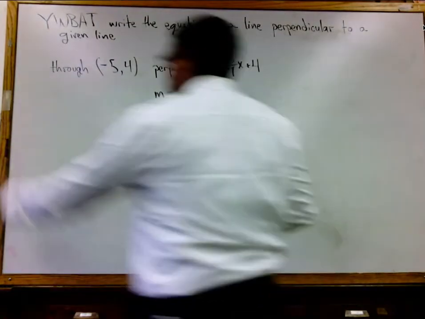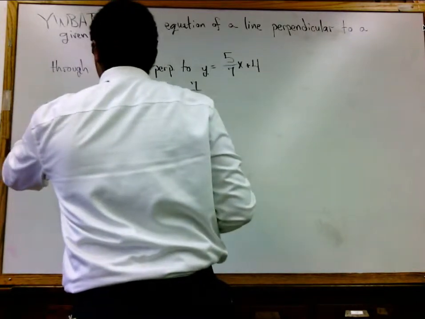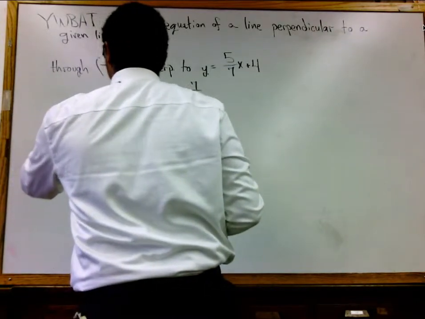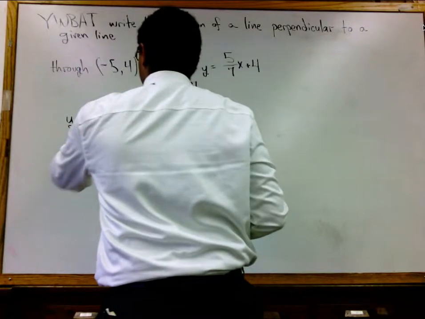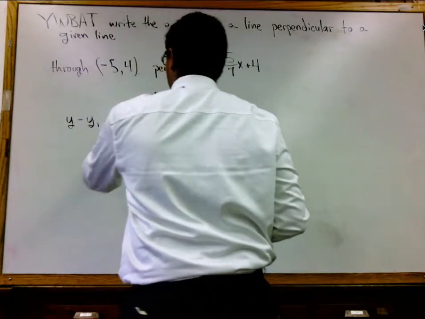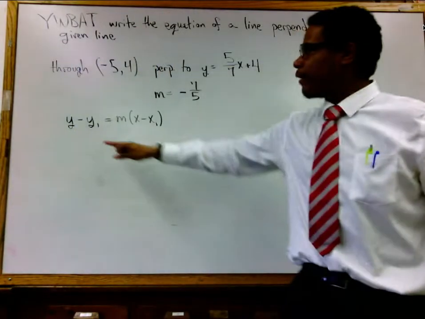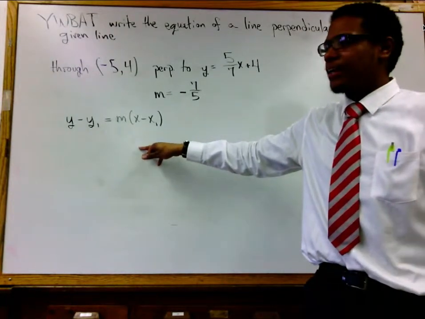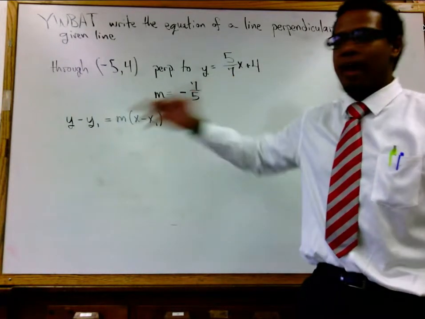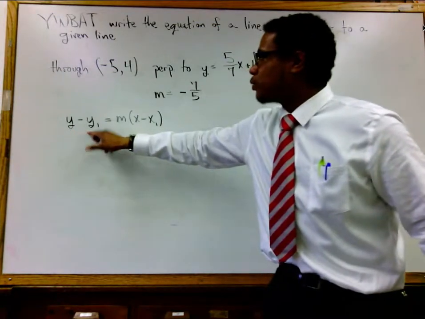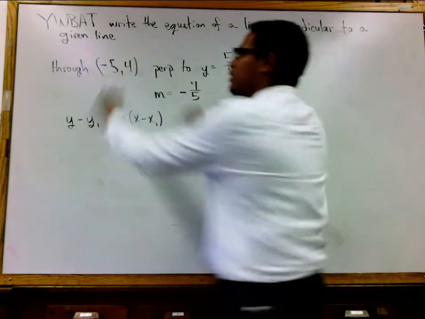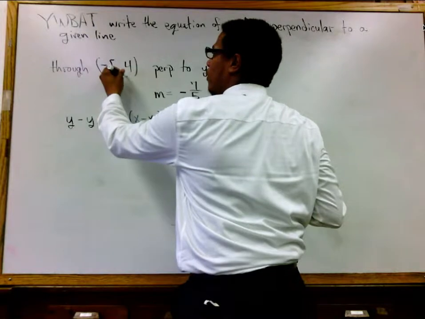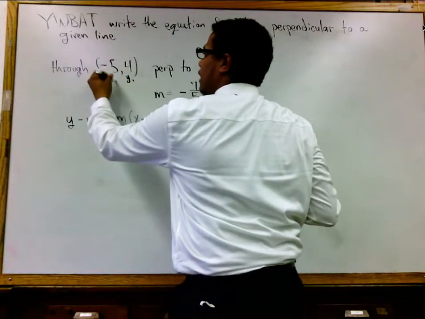Now if we remember point slope form, y minus y1 equals m times (x minus x1). This is our equation for point slope form, and we just plug in what we have. Y minus y1, so our y1 is 4, our x1 is -5.